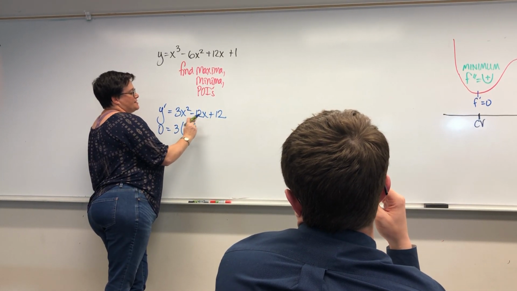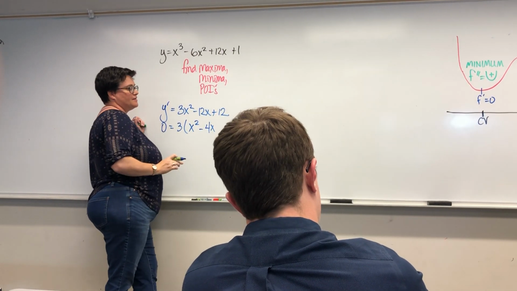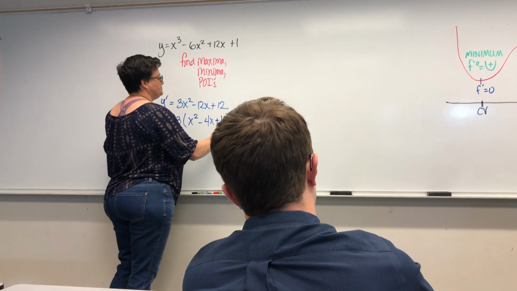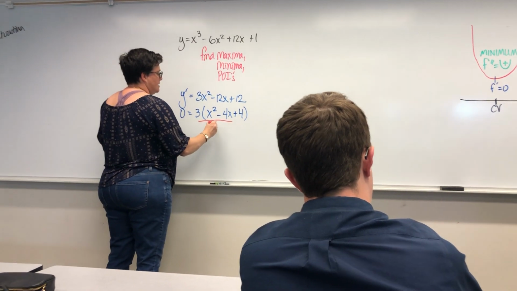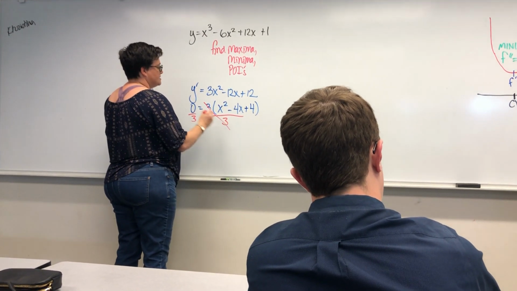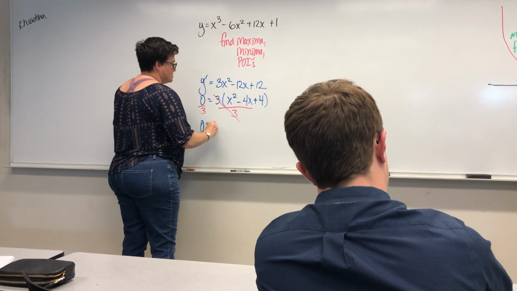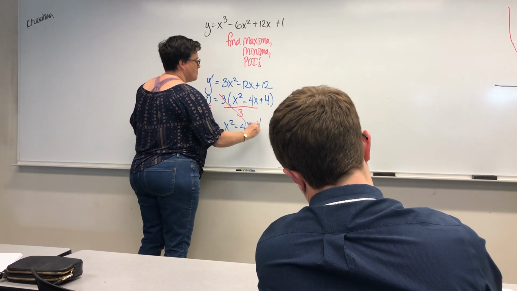And if I pull a 3 out of the second term, what's left? And if I pull a 3 out of the third term, what's left? 4. Plus 4. So now I'm going to divide both sides by 3, canceling that one. And I get 0 equals x squared minus 4x plus 4.